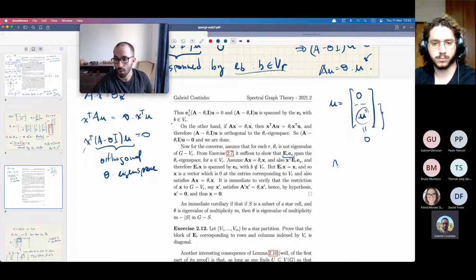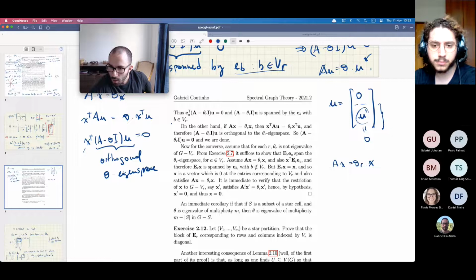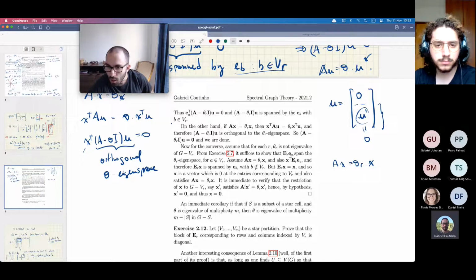So assume Ax is equal to theta r times x, and also that x transpose E sub r, E sub a is equal to 0, maybe?